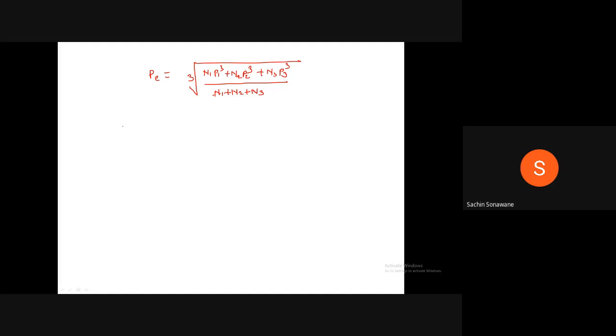Therefore PE is equal to cube root of, substitute the values, 360 into 3000 cube plus 360 into 5000 cube plus 360 into 2500 cube divided by 1080.